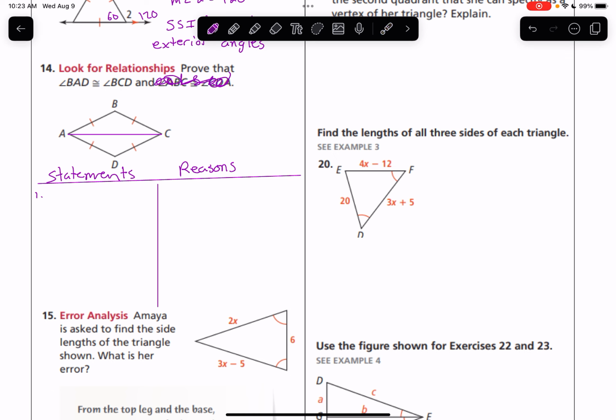So making these isosceles triangles tells us that angle BAC is congruent to angle BCA and angle CAD is congruent to angle DCA. Both of those are because of the isosceles triangle theorem.